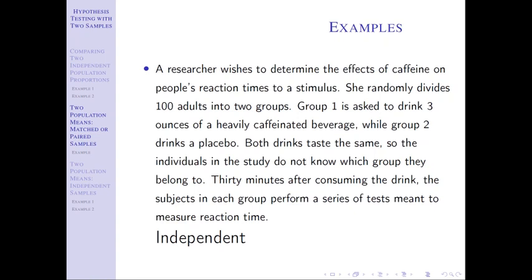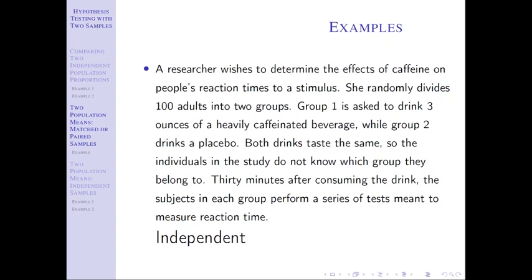For the dependent samples, your lives are super simple because a two-sample dependent test works the exact same way that a one-sample means test works. So I'll say that one more time, make sure you understand this. A two-sample dependent means test operates the exact same way that a one-sample mean test works.